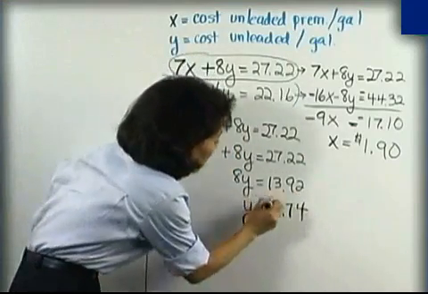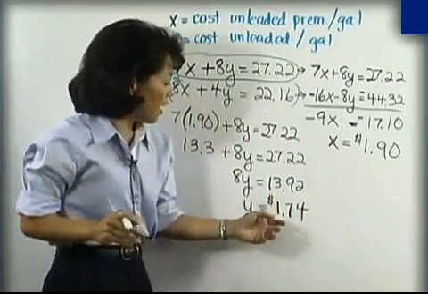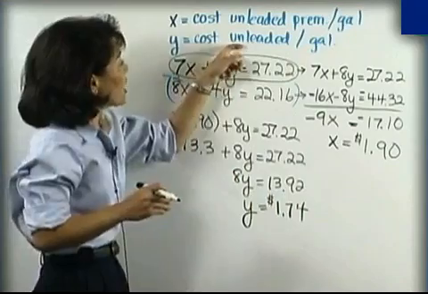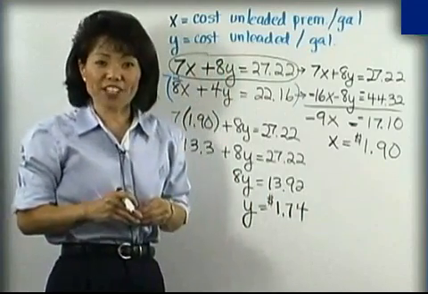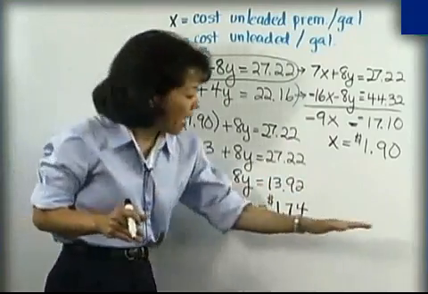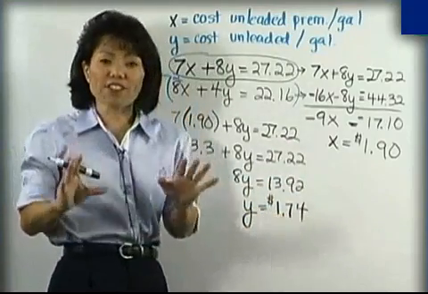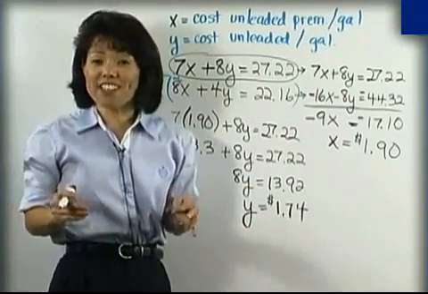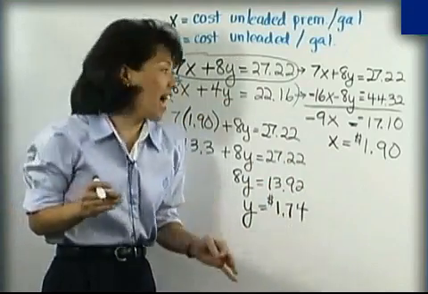This means that our friend paid $1.74 for each gallon of unleaded regular gasoline. Now, it would be a good habit for you to maybe write a little summary statement at the bottom about the information that you found. In other words, answer the question that was asked.